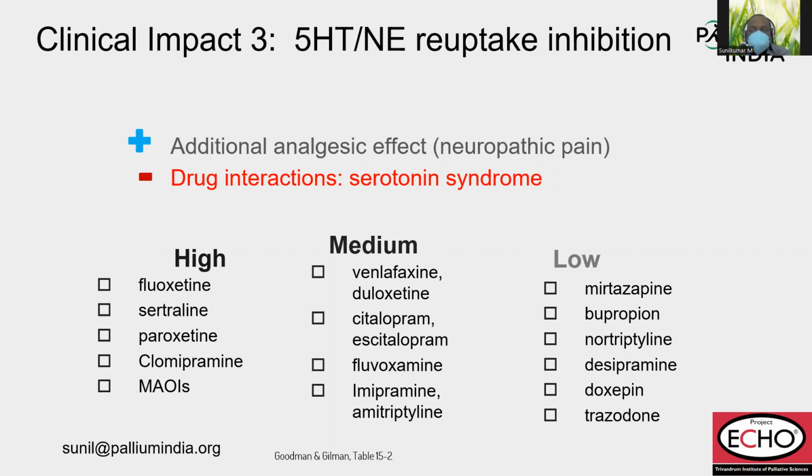That can cause something called a serotonin syndrome. Okay, so when you give methadone, please make sure that, or at least you be aware that there are medications which can cause serotonin syndrome, and most of them are antidepressants, which we commonly use in palliative care. That's what is important.